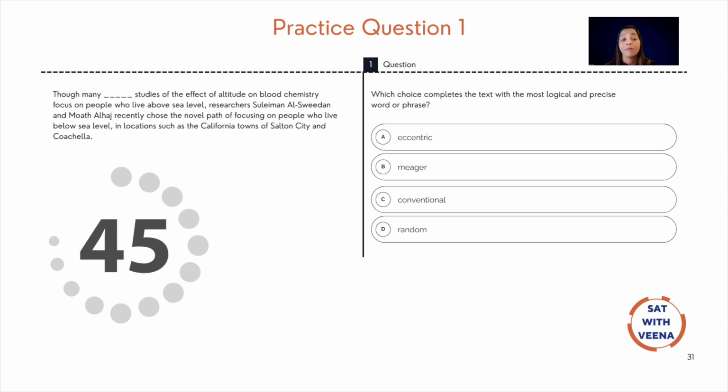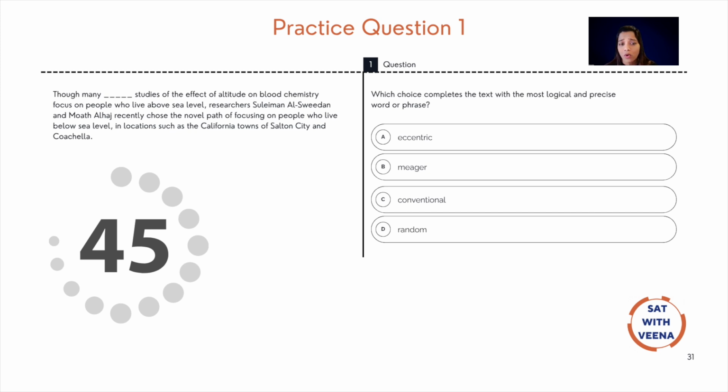That's the meaning. Predict. If the researcher's method is novel, then the studies mentioned before the blank must be the usual or traditional studies. So we predict a word meaning usual, traditional, or standard. Now let's look at the choices. A, eccentric, strange, or unconventional.